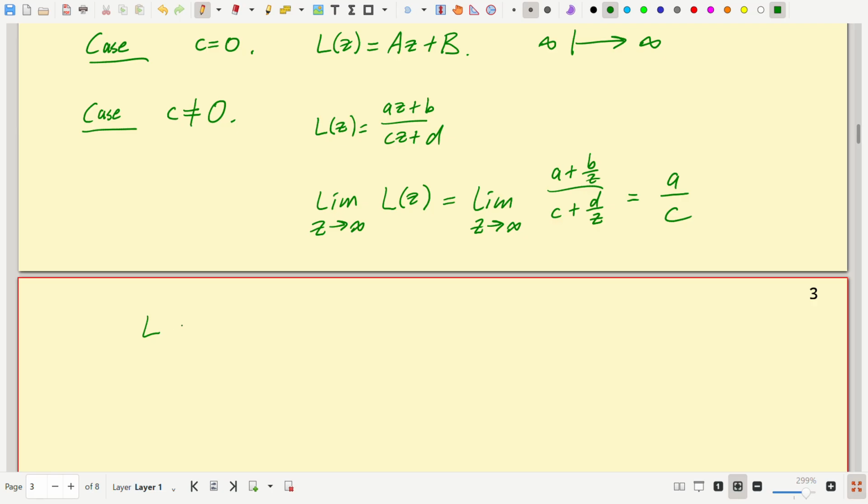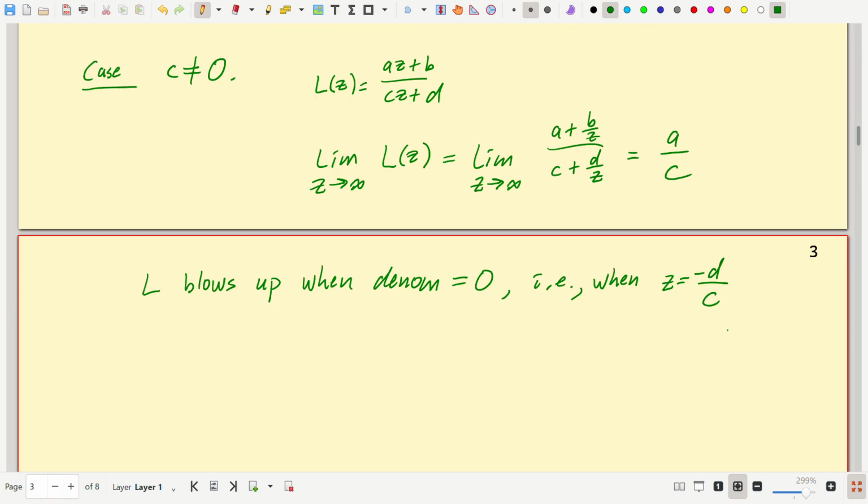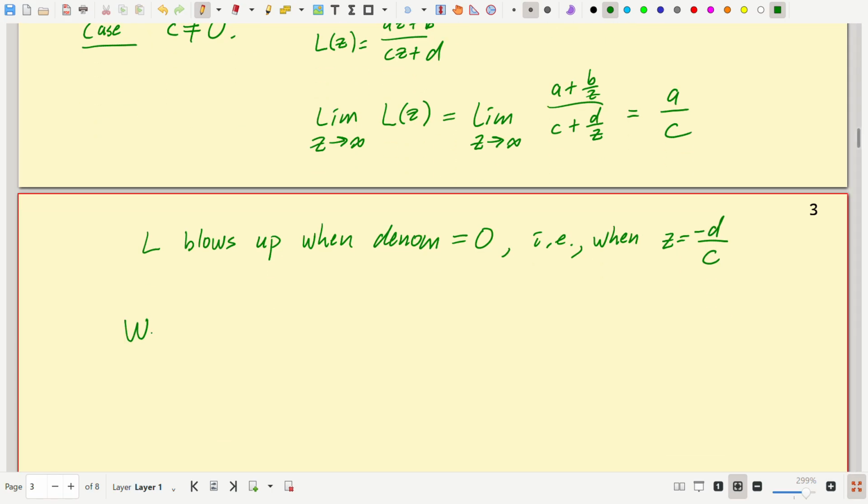The other thing to notice is that L blows up when the denominator vanishes, and that happens when Z equals minus D over C. And so we'll write L of infinity equals A over C, and L of minus D over C equals the point at infinity.